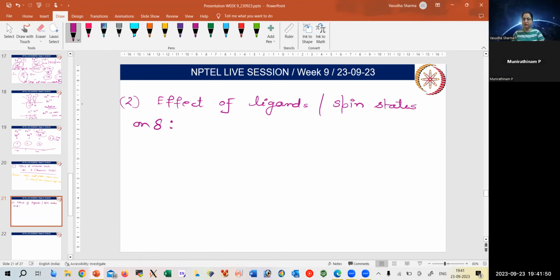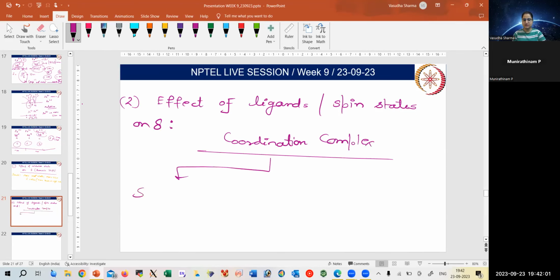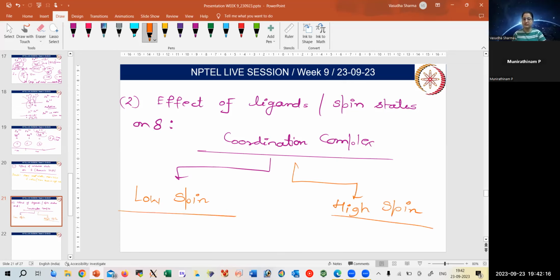Generally, when we talk about coordination complexes, they are mostly classified into two categories. One is low spin, and the other one is high spin. So this you are aware of. What is low spin and high spin?